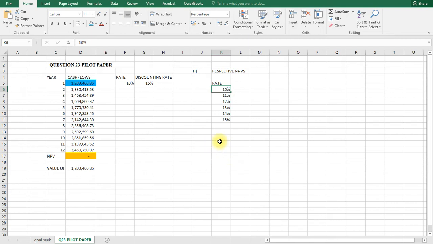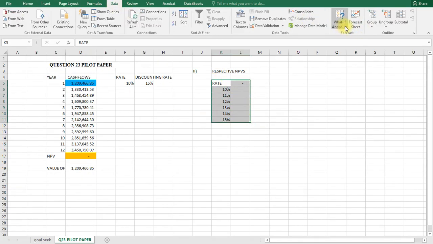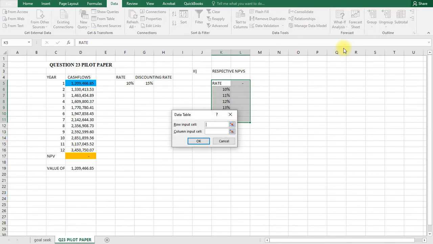That is our rate that we have, and here we shall put the value that we have, which is equal to this one, and I enter the initial value that we had, and I will highlight this part. I will go again to data, what if analysis, data table, and under the data table, the row input cell, we don't have any row, but we have the column.